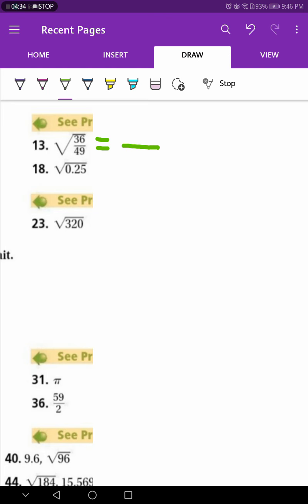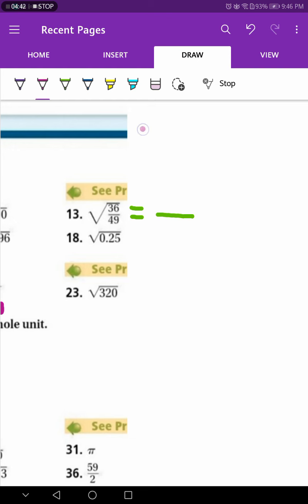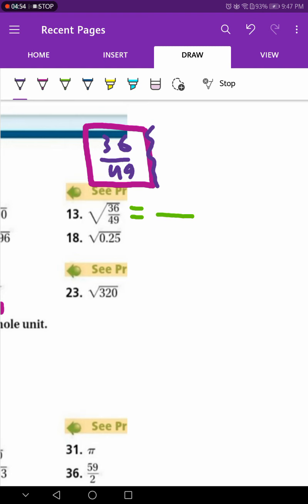So you think individually about the 36. In the same way, you have a square, and the area of this square is 36 over 49, and you try to find the length of this side.